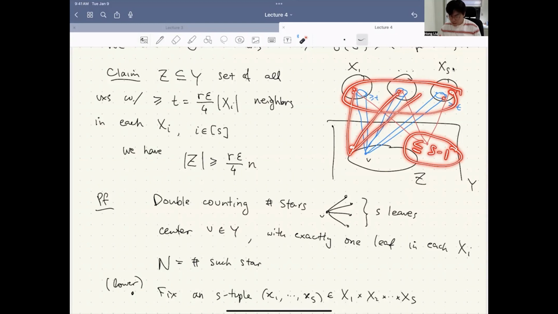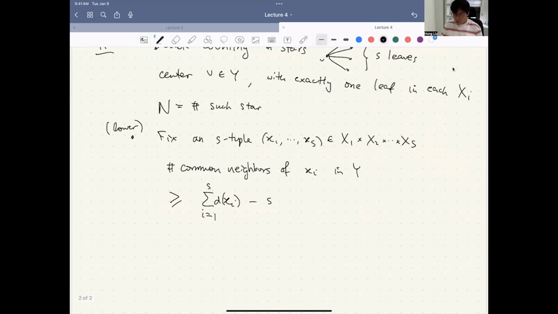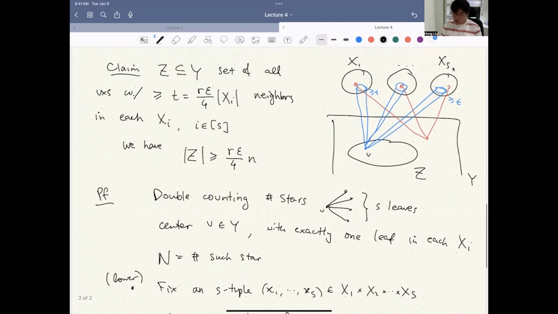All the vertices that are not common neighbors contribute s-1 times n. So the remaining degree sum lower bounds the number of common neighbors. So the number of common neighbors of the xi is at least the degree sum minus (s-1) times n. This counts common neighbors in the whole graph of this tuple of s vertices.